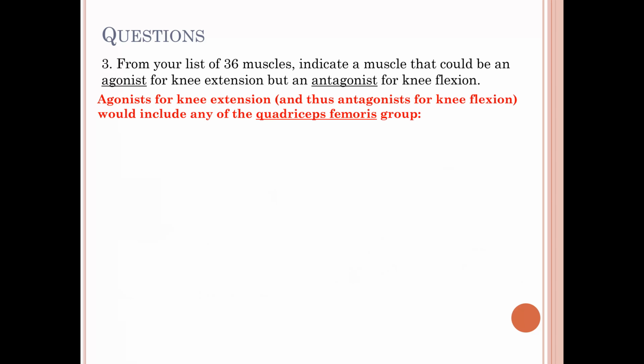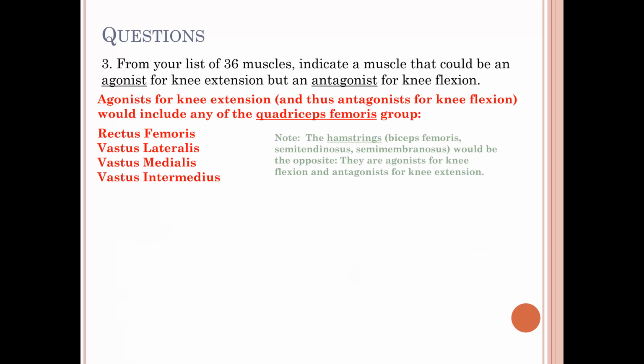So you could have put any of these 4 muscles, the rectus femoris, the vastus lateralis, the vastus medialis, or the vastus intermedius. And just to note, and as a point to help you with your learning, the hamstrings, which are made up of the biceps femoris, semitendinosus, and semimembranosus, would be the opposite. They would be agonist for knee flexion and antagonist for knee extension.